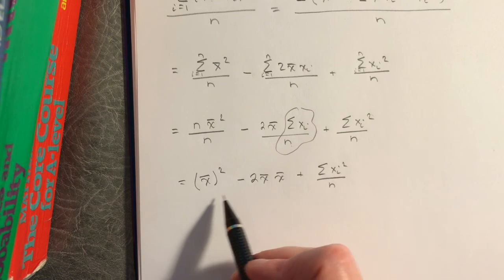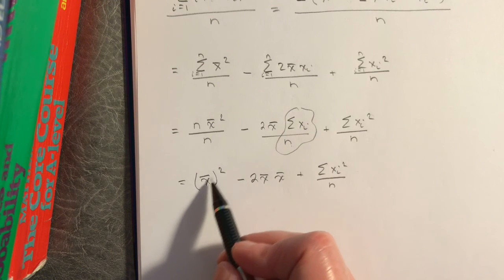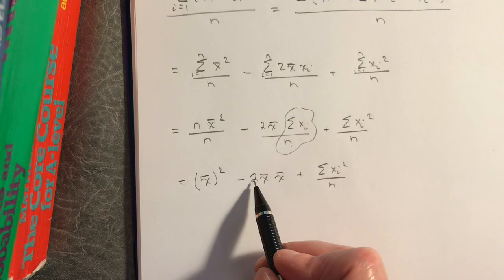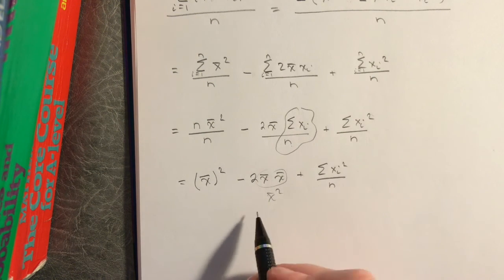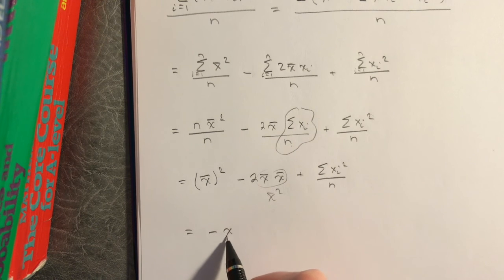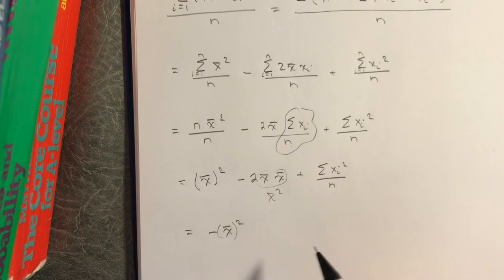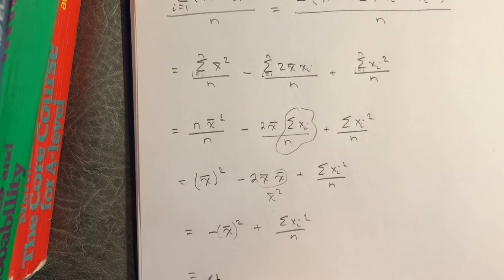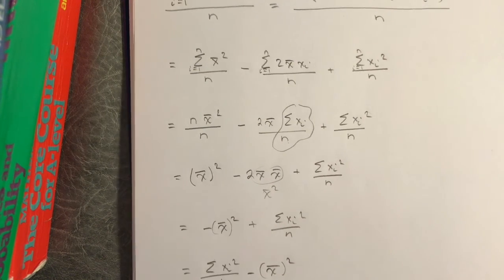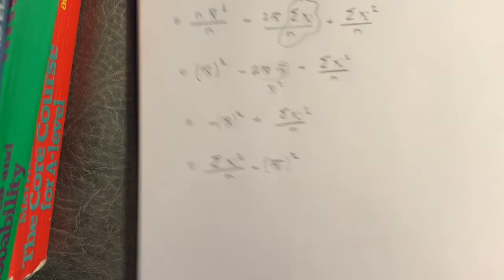Now this is interesting because I've got one copy of the mean squared, and here I've got 2 copies of the mean squared. So that gives me minus 1 copy of the mean squared. Then I've got that piece, and if you reverse the subtraction, we're home. Okay. Sorry, that's gone off camera.